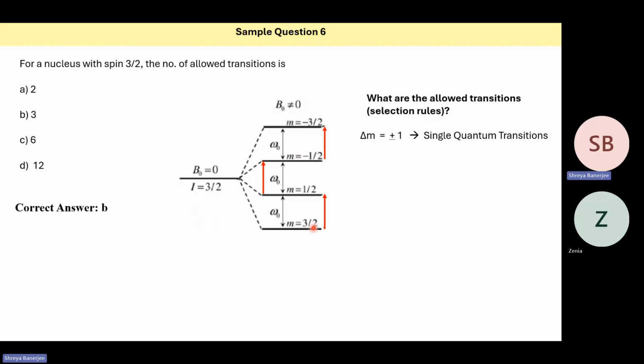So you can have 3 by 2 to half, half to minus half, minus half to minus 3 by 2. Note that an up and down transition is considered a single transition. So these are the three transitions allowed with delta m plus minus 1. So the correct answer is 3. That is, the number of allowed transitions in a nucleus with spin 3 by 2 is 3.